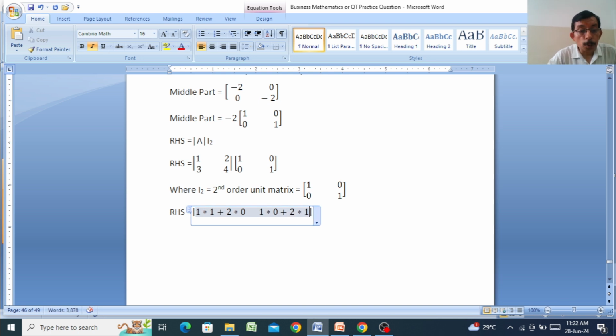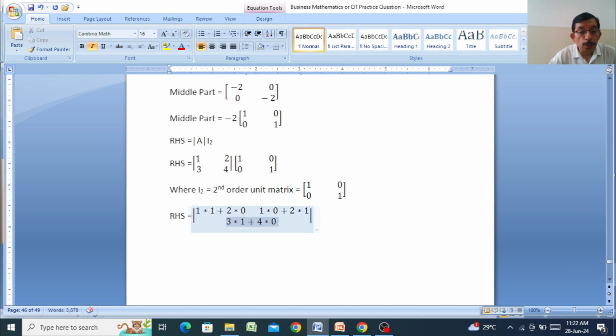Now the first row, second column multiplication is complete. Now we come to the second row. The second row first element is 3: 3 multiplied by 1 plus 4 multiplied by 0. The second row first column multiplication is complete.